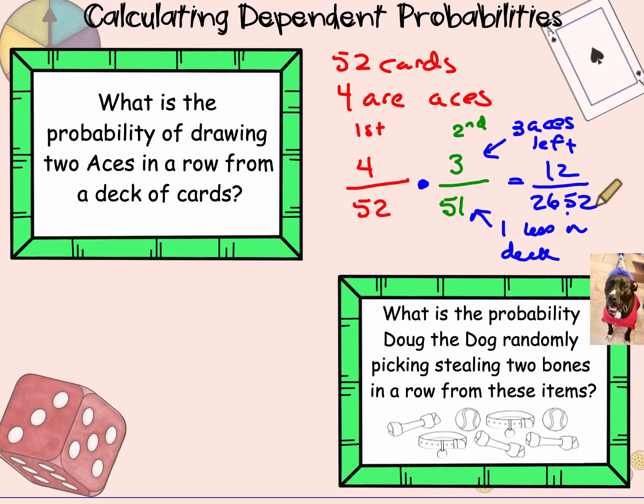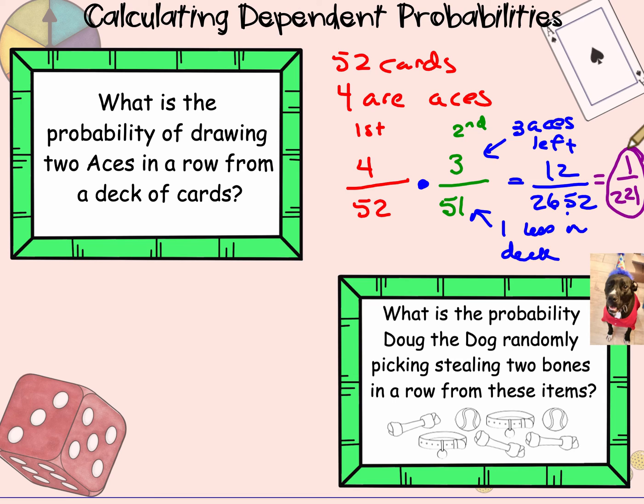And if I reduce that, I end up with 1 over 221. So the probability of getting 2 aces in a row is a lot lower than getting just 1 ace in a row, or 1 ace from the deck.